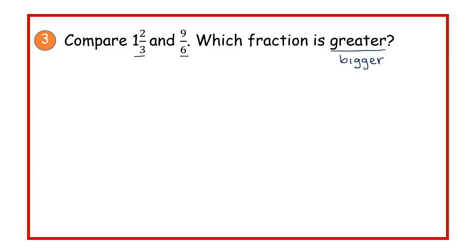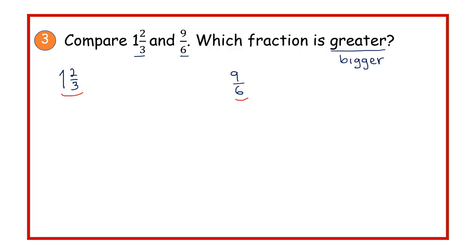Now, we have got 1 and 2 out of 3, and also we have got 9 out of 6. So you can see that we have got a mixed number and an improper fraction.